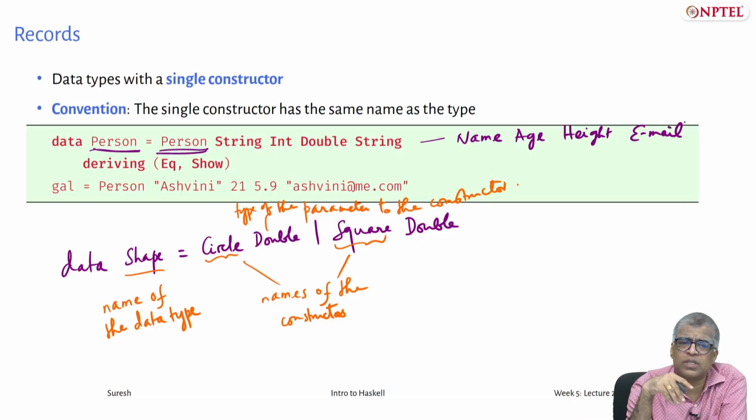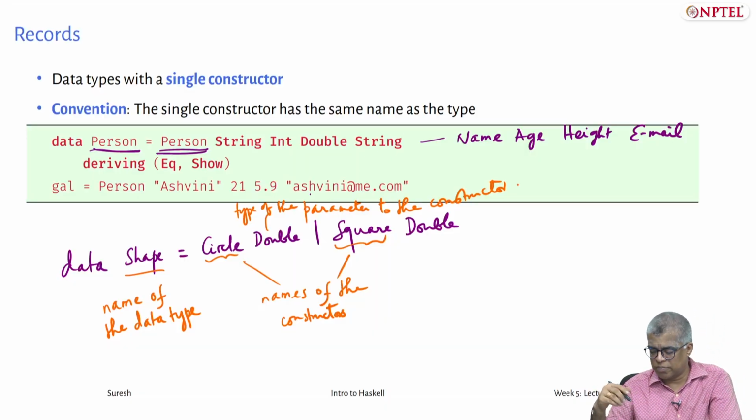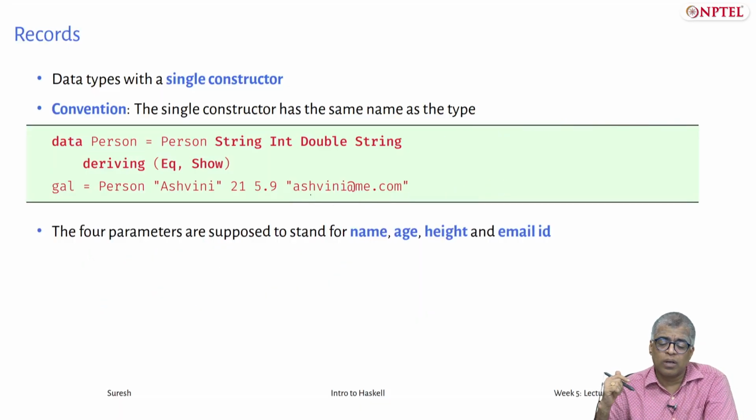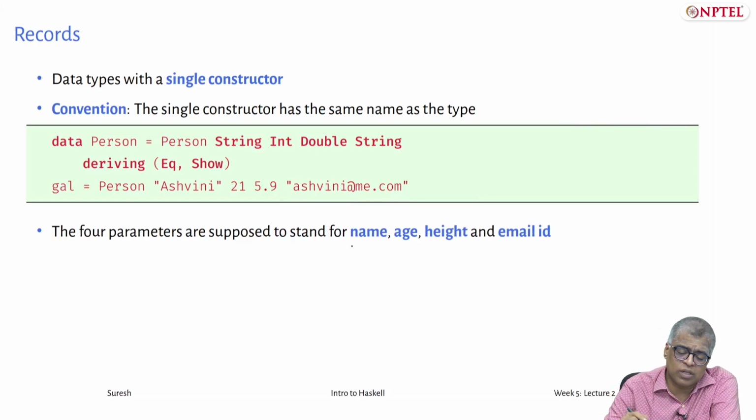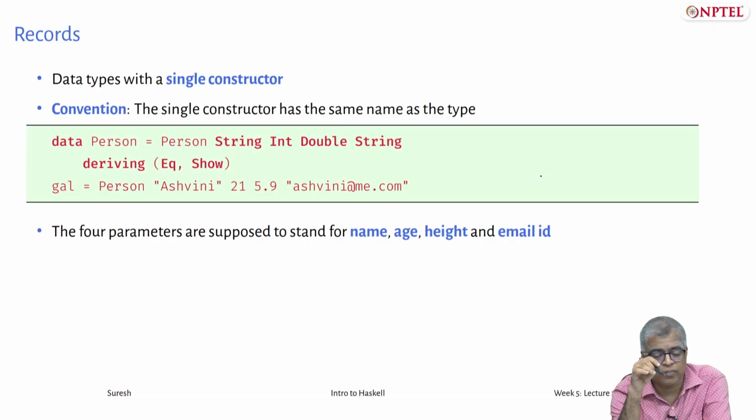That's what it represents, and I have this thing. I could have records, some girl whose data is here, her name is Ashwini, age is 21, height is 5.9, and the email address is ashwini@me.com. Okay, so that's a record, right? It looks just like a database record, so that's why it's called a record.